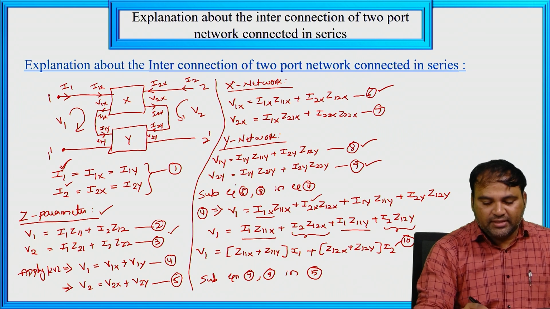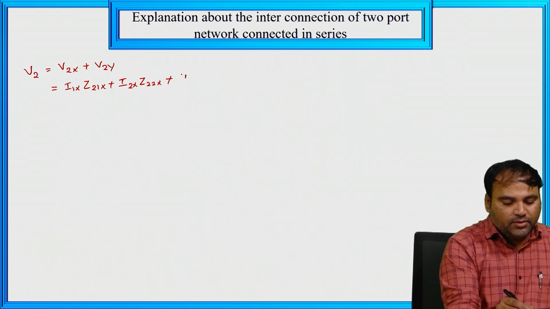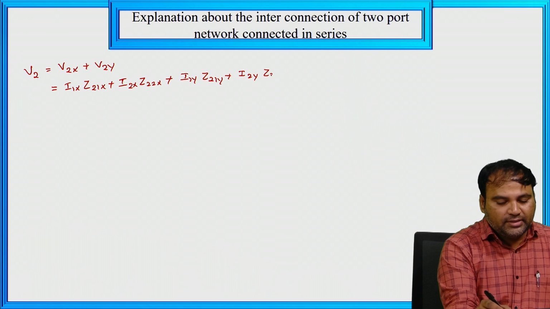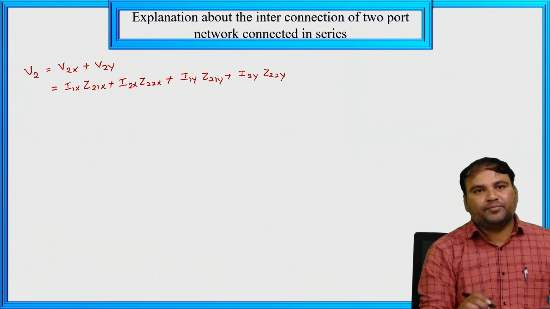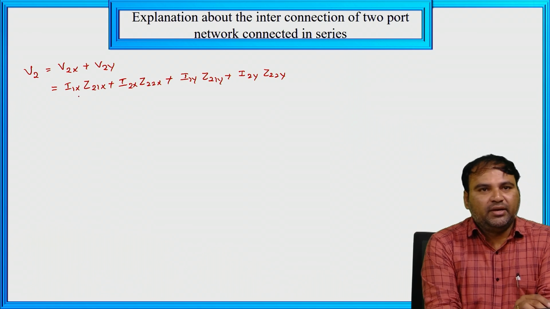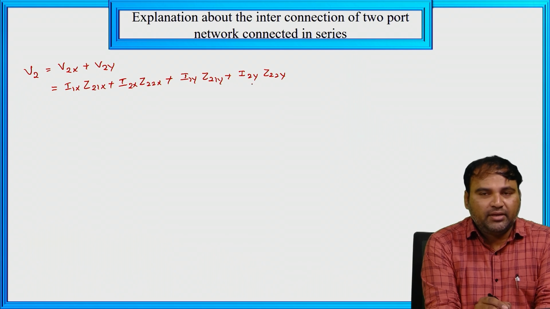And V2y is I1y Z21y plus I2y Z22y. Now I1x is nothing but I1, I2x is nothing but I2, I1y is nothing but I1, and I2y is nothing but I2.